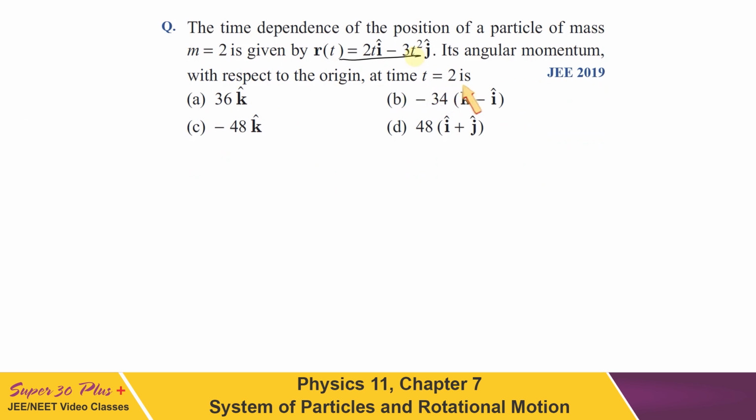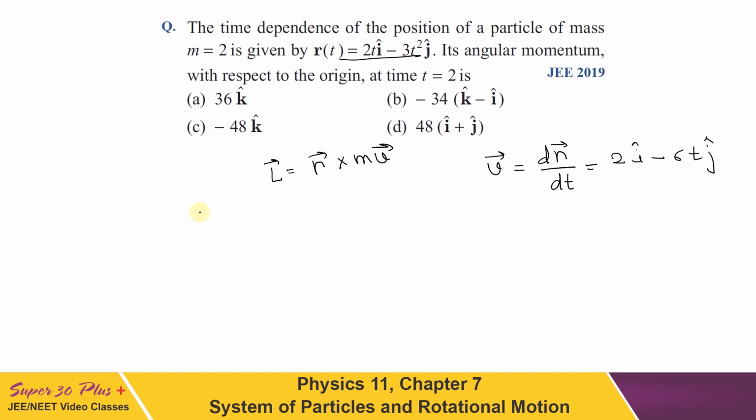Now first we have to get the value of velocity, because to write angular momentum L, it has to be r cross mv. So first we have to get the value of velocity and then we can calculate it. So let us write velocity should be equal to dr by dt. On differentiating it, this will come out to be 2i minus 6t j. This is the value of velocity given.